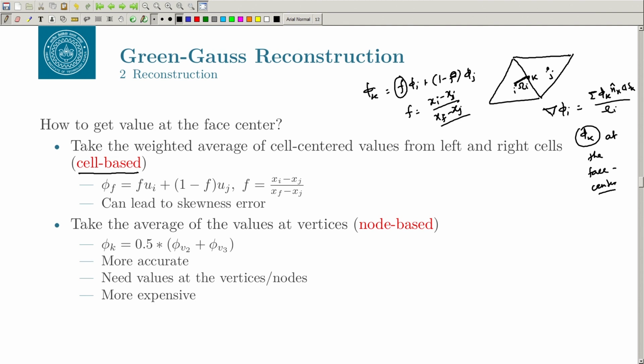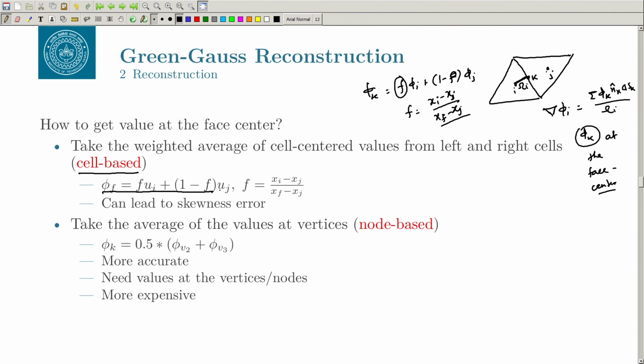Basically, depending on how far your cell centers are, you can use those weights to calculate the weighted average at k. So, if the cells are very far from the face, it will have lesser weightage. If the cell centers are very close to the face, it will have higher weightage, right. So, you can easily calculate it, and this sounds very nice.